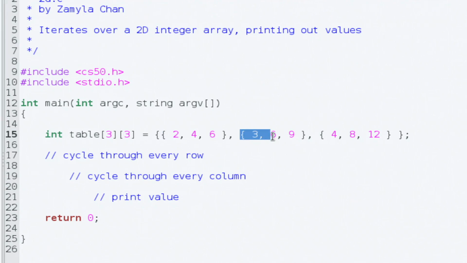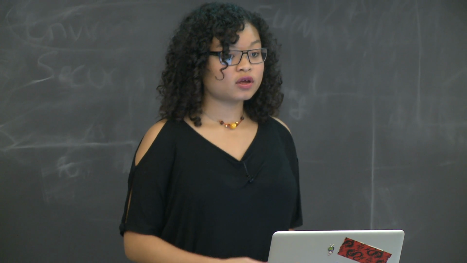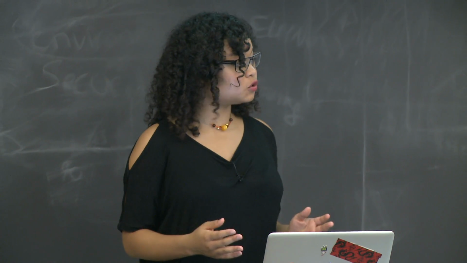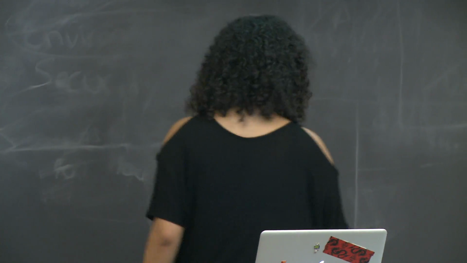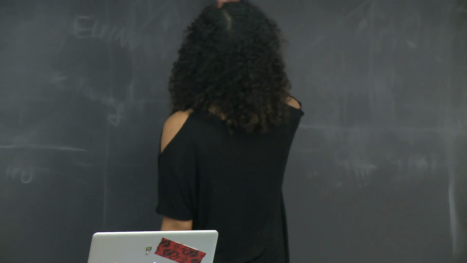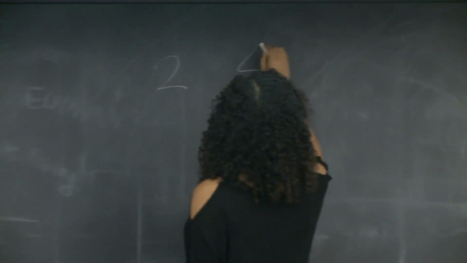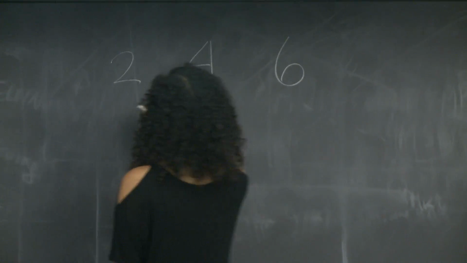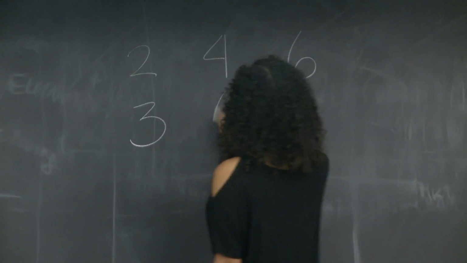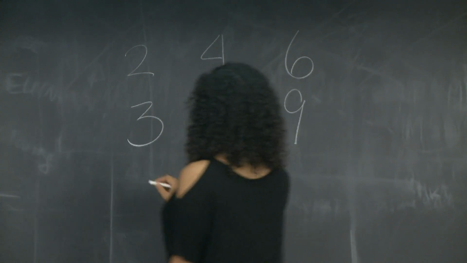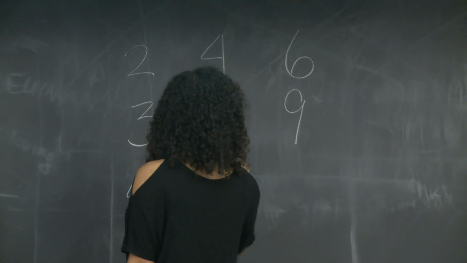Then the second row is 3, 6, 9, and then the third row is 4, 8, 12. All right, so we have our 2D array, and we know that it looks like this: 2, 4, 6, 3, 6, 9, 4, 8, 12.